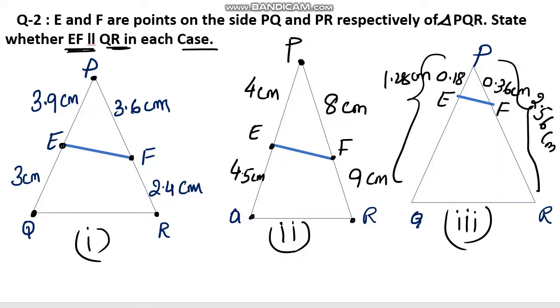How can we do this? We can apply the BPT theorem. To apply the BPT theorem, what we need to do? We need to find out PE by EQ and then PF by FR.